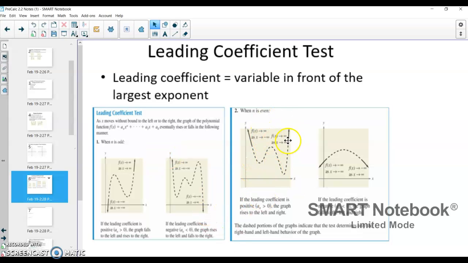For even functions, x to the 4th, x to the 6th, x to the 8th, we see that parabola shape, and it's going to go up to the left, up to the right when your leading coefficient is positive, so positive x to the 6th.